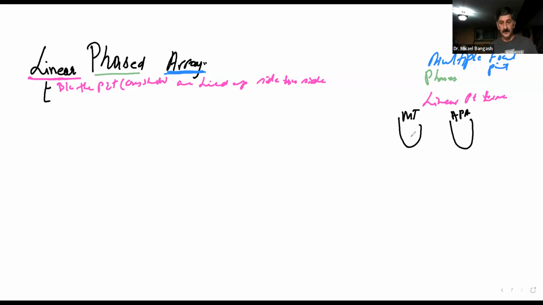We had just one PZT, or multiple PZTs, but at least the PZTs were not lined up side by side.